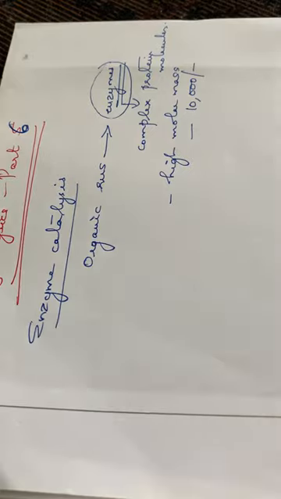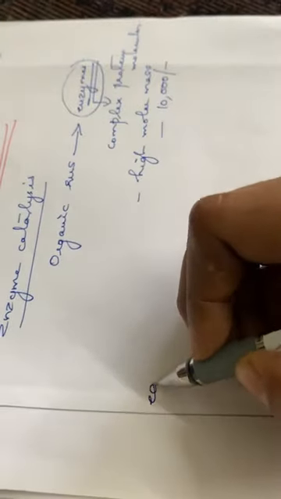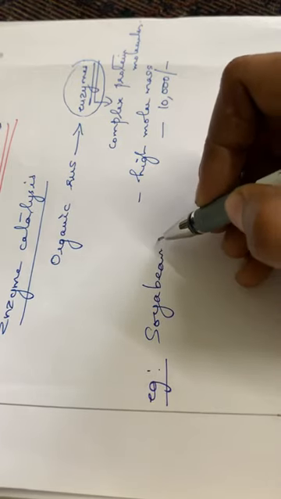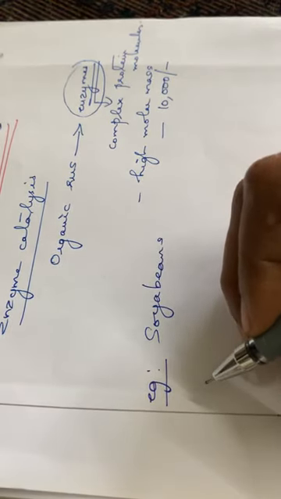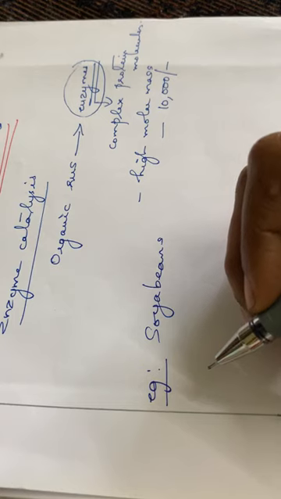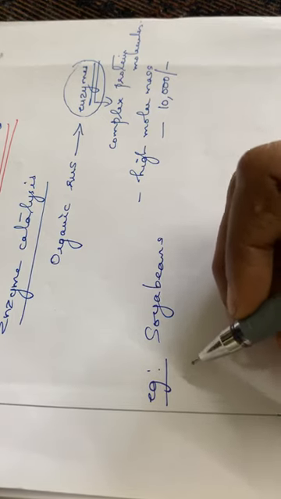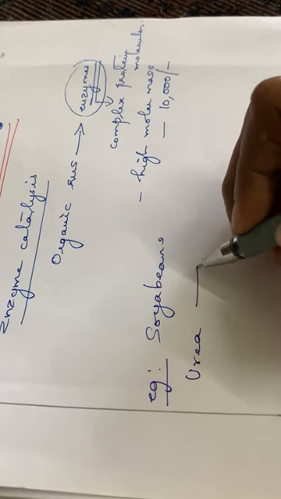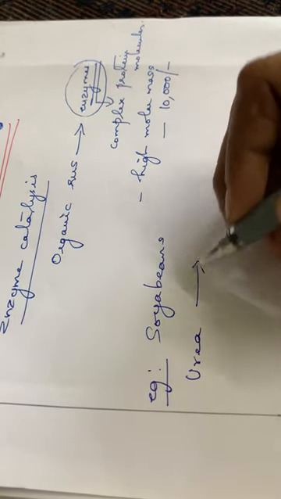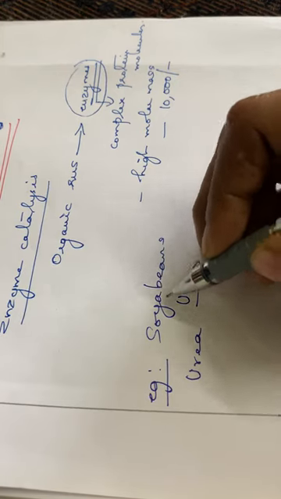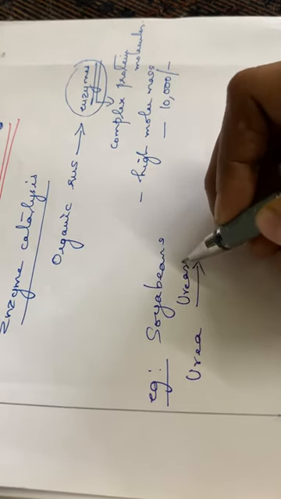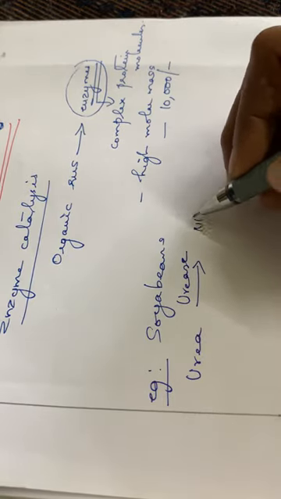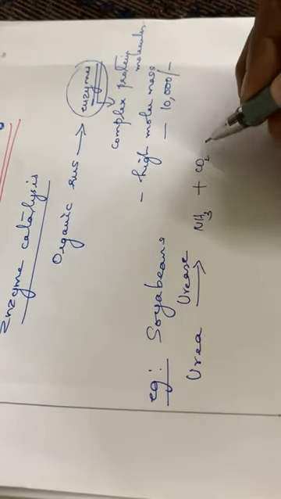The first example is in the case of soya beans. Soya beans have an enzyme urease, and due to the presence of this enzyme, urea is converted to ammonia and carbon dioxide.